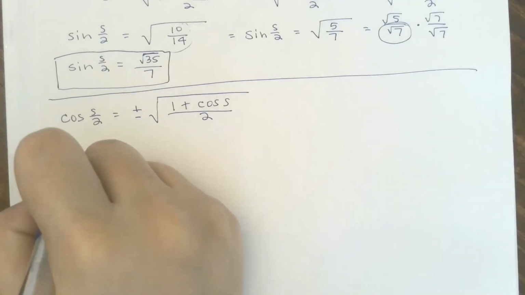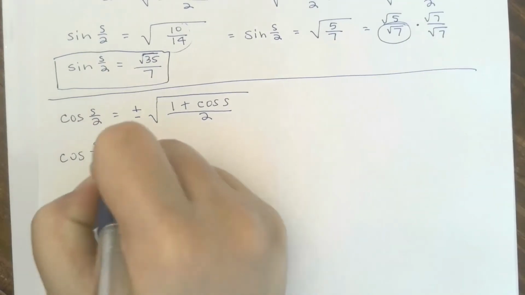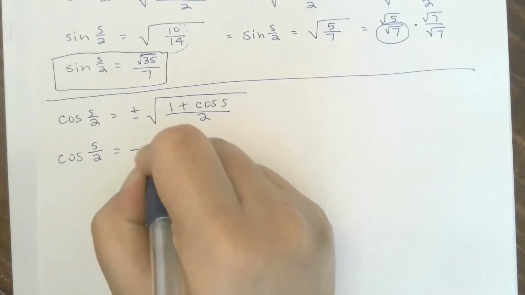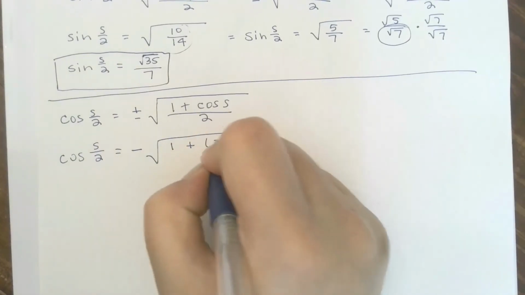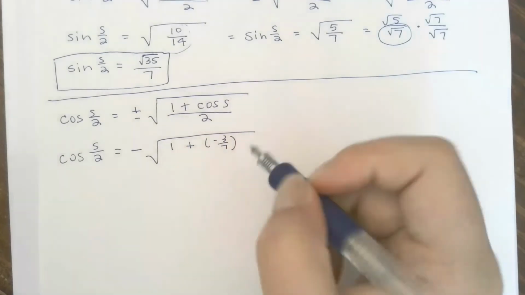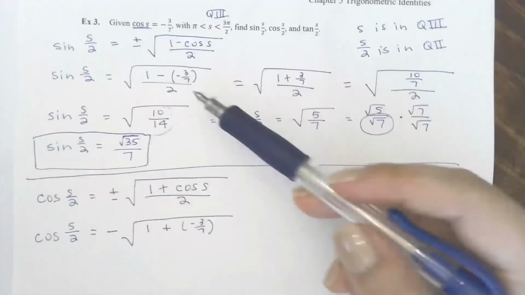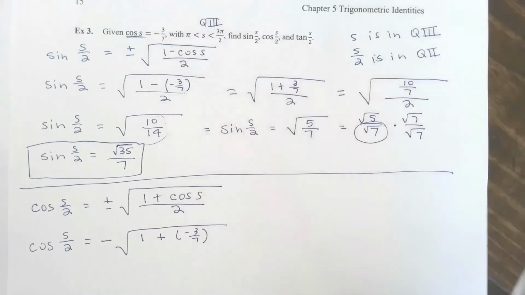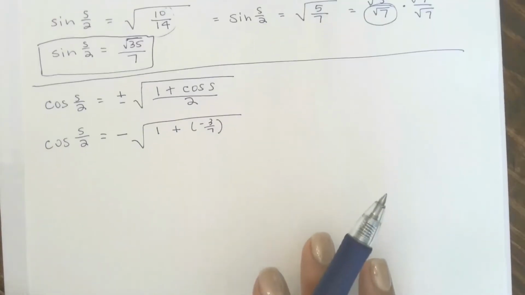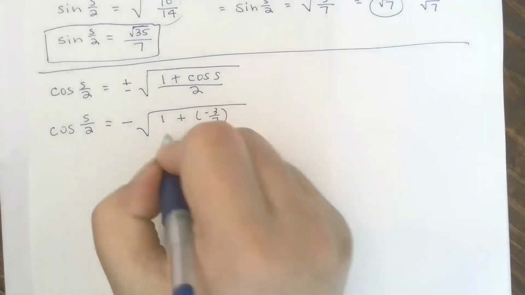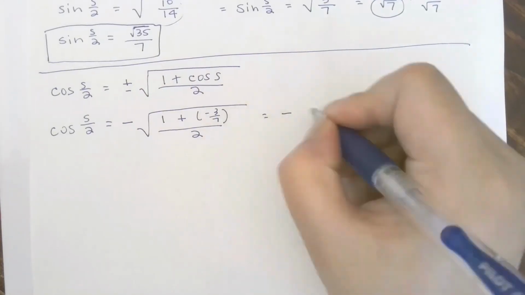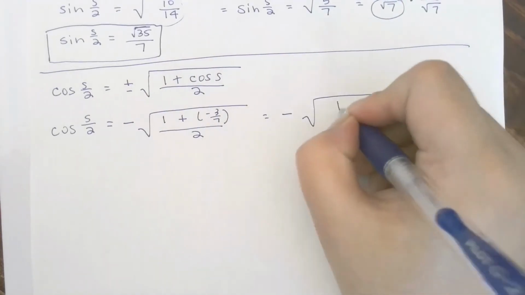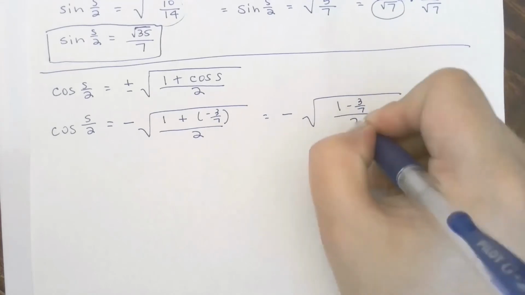So this is going to give me cosine of s over 2 is equal to negative square root of (1 plus negative 3 over 7) over 2. Cosine s comes from up here again, what we were given in the equation. So that gives me negative square root of (1 minus 3 over 7) over 2.